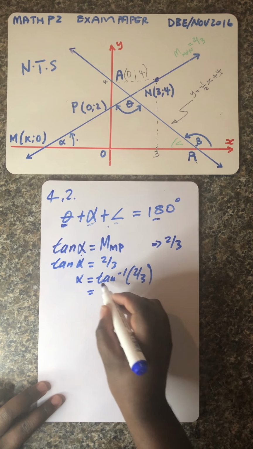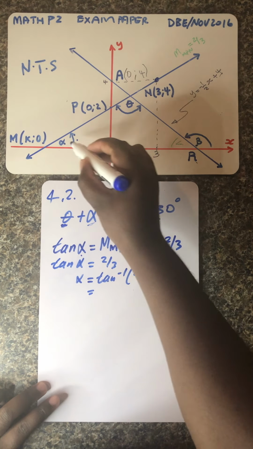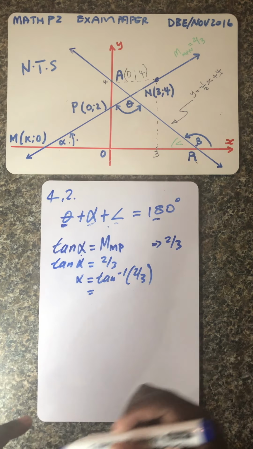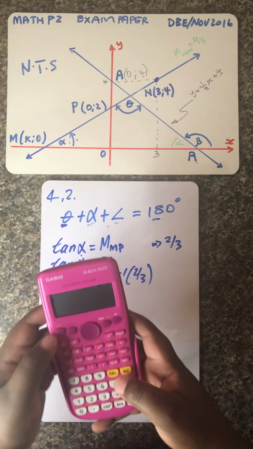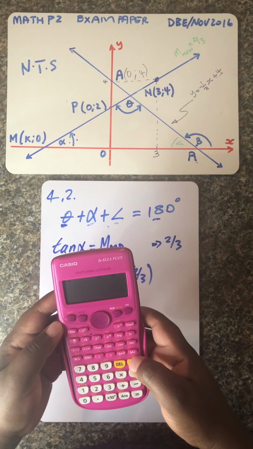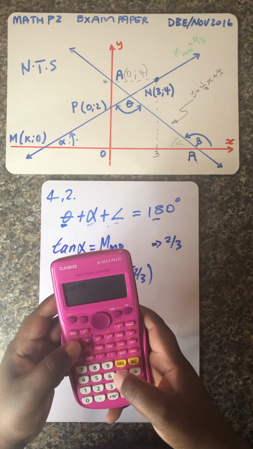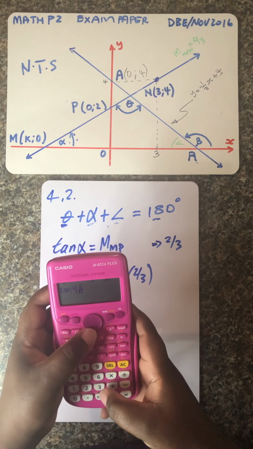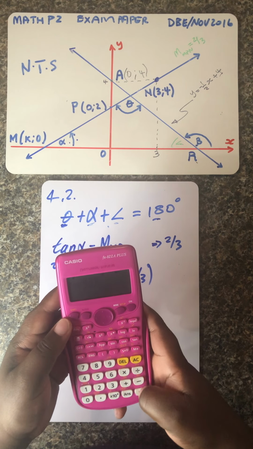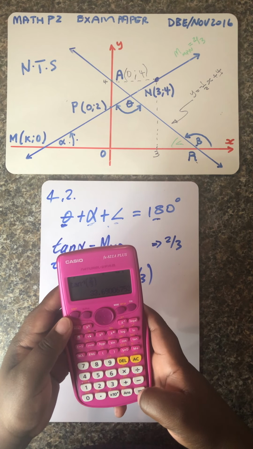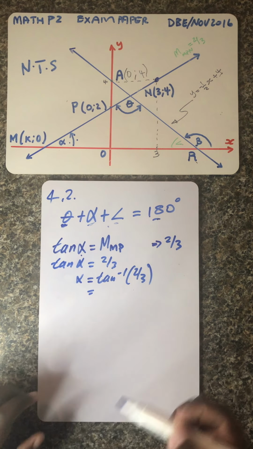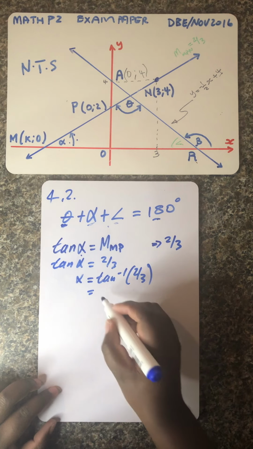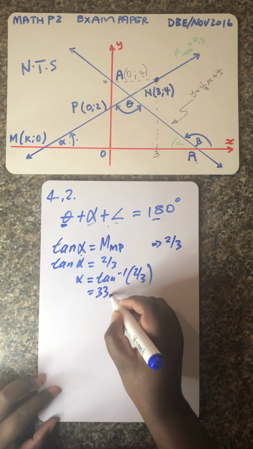So if you punch this on a calculator, it will give you the value of that angle. So let's see. Shift, then tan, 2/3, close, it's equal to 33.69. Okay, I hope even when you punch it you get the same answer.